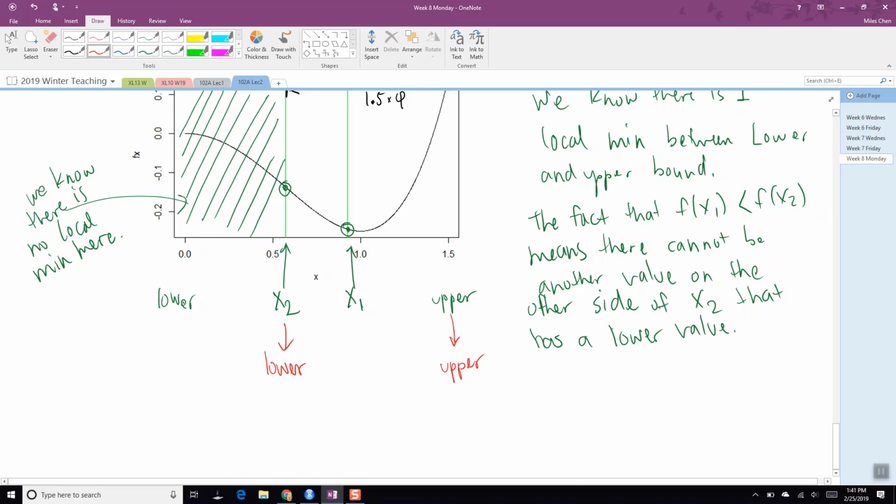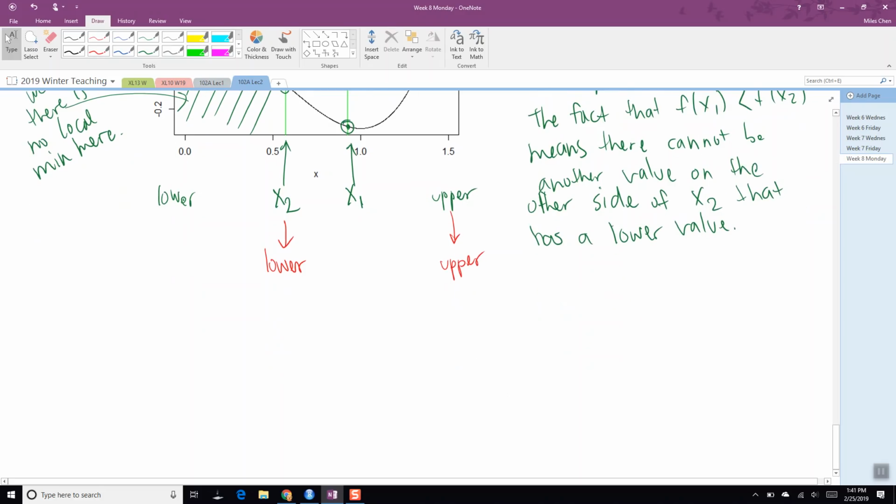So now we have a smaller window to search, and we repeat the process.